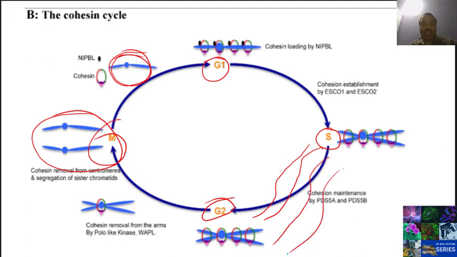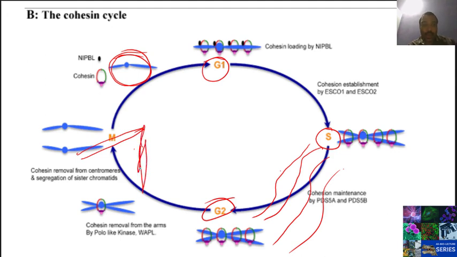But when the cell enters M phase, that is in the beginning of prophase, DNA begins to condense into chromatin and then condenses into a semi-chromosome like structure.